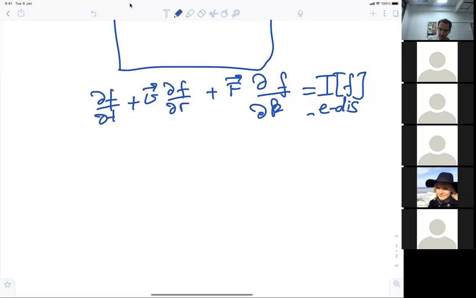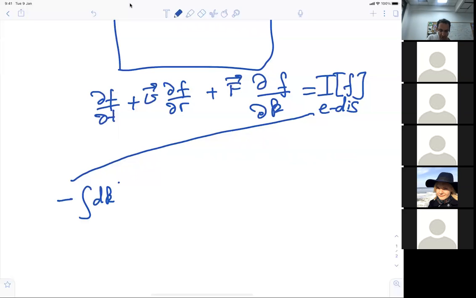And we wrote that from general consideration, the collision integral is always equal to the integral over dk prime. This is a d-dimensional integral. Okay, let me write it slightly more carefully. It's d^d k prime over (2 pi h bar)^d.